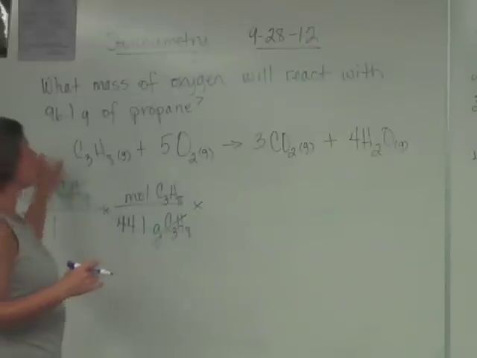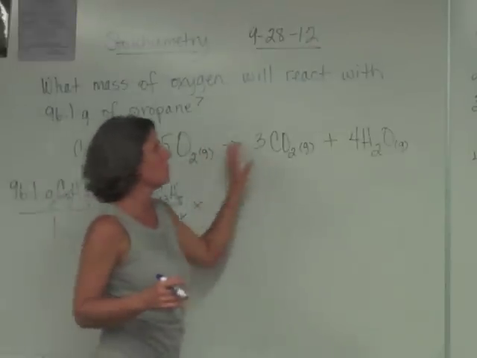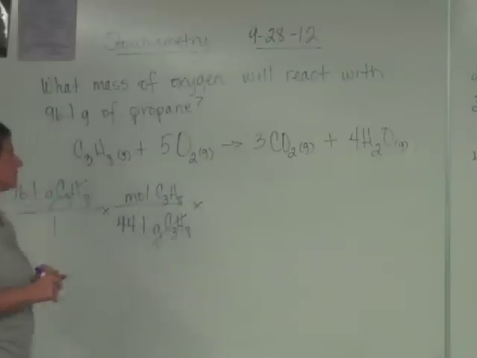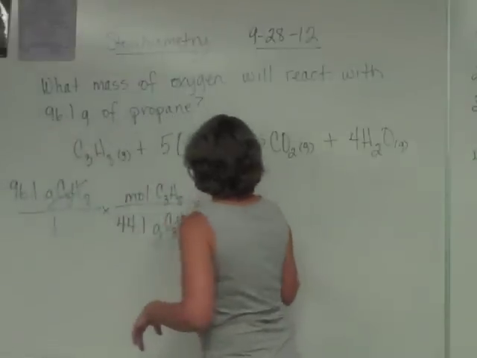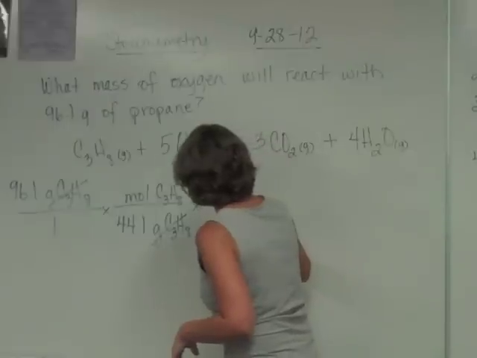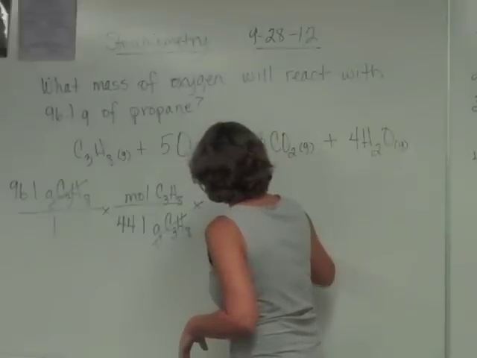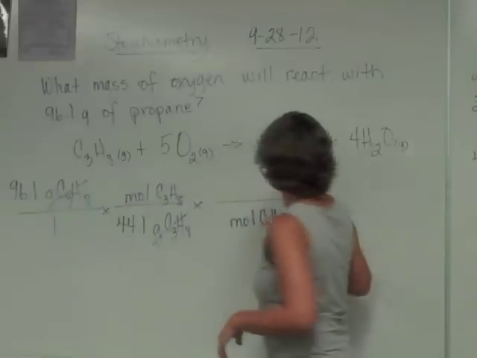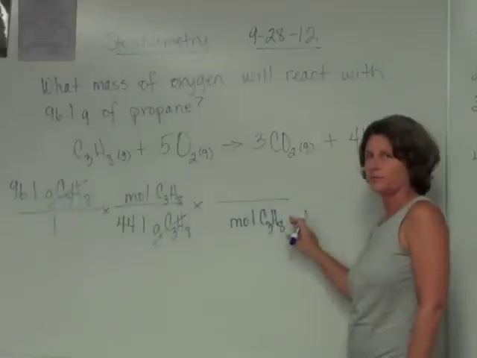And the mole ratio relates any 2 quantities to each other in a balanced equation. So, we're going to do some mole magic right now. Because I want to cancel it, I'm going to put moles of propane in my denominator.